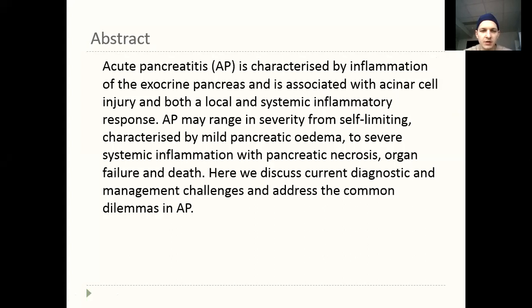AP may range in severity from self-limiting, characterized by mild pancreatic edema, to severe systemic inflammation with pancreatic necrosis, organ failure, and death. Here we discuss current diagnostic and management challenges and address the common dilemmas in AP.